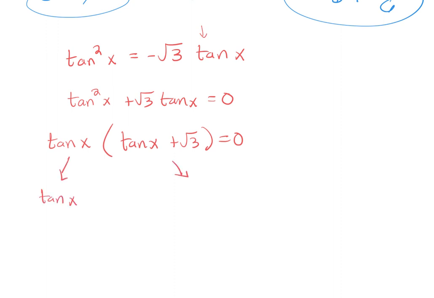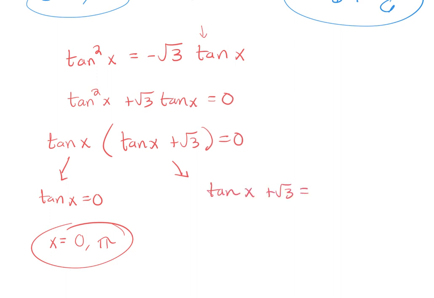Oh, so we get tangent of x equals 0 again. So that is again 0 and pi. But now I have tangent of x plus square root of 3 equals 0, or tangent of x equals negative square root of 3.